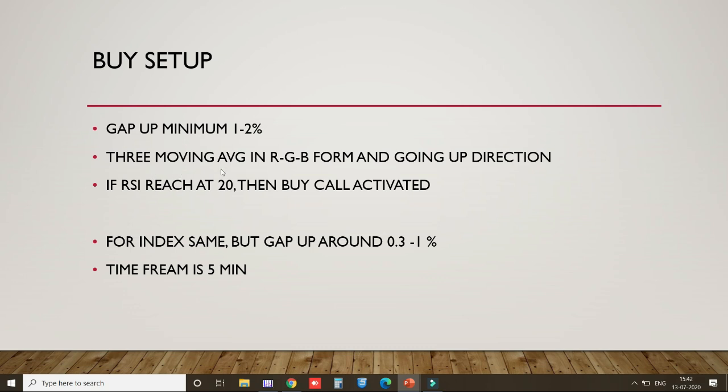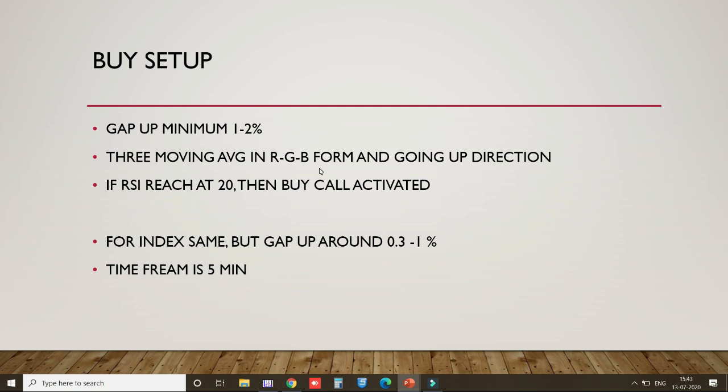If it is gap up 1 to 2%, then we have to check the order of the 3 moving averages. The candlestick is near the 10 moving average, which is topmost, then the 20 EMA, and then the 32 EMA, in the form of RGB, meaning 10 EMA, 20 EMA, and 32 EMA in this order going in the upper direction.